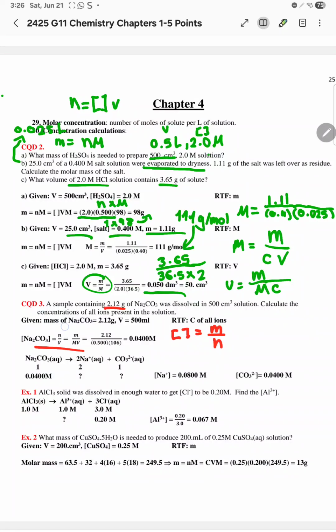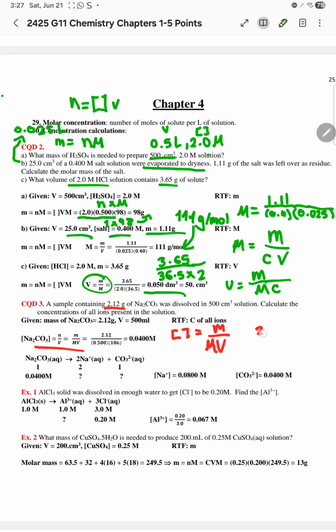Wait, isn't it N equals CV? So C equals N over V. Yeah, it's N over volume. N is the same as M over molar mass. So it's M over molar mass times V.